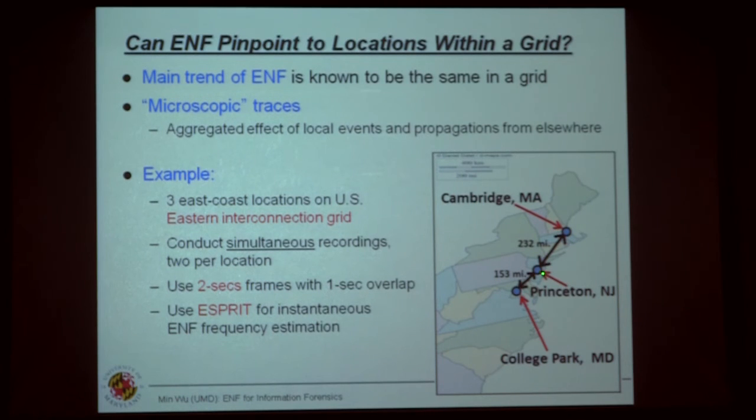You can see Princeton is almost at the midpoint, a little closer to College Park than Boston. We did concurrent recordings, and at each location we did two recordings. If we correlate recording 1 and recording 2 in the same location, they should have the best match.